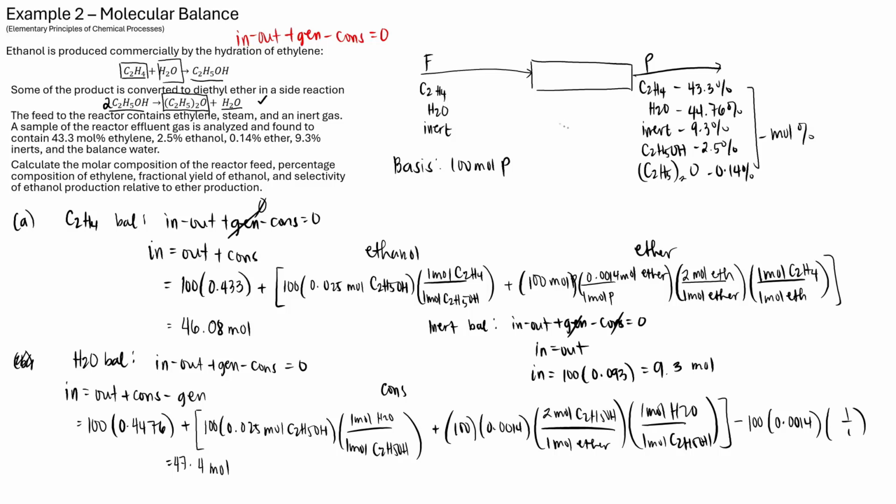So let's complete the table. Okay, let me clear this muna. So C2H4, H2O, inerts. (47.4). Inerts is 9.3.